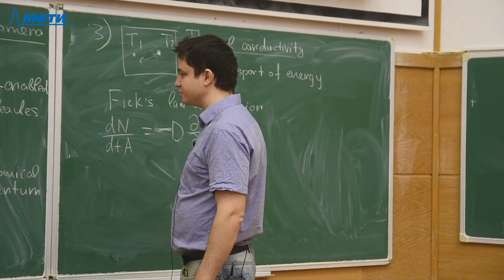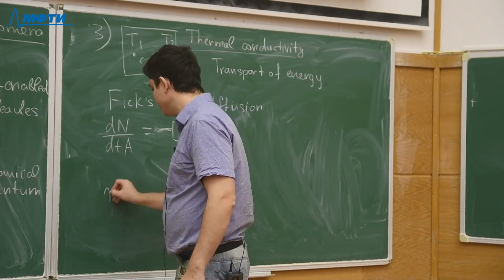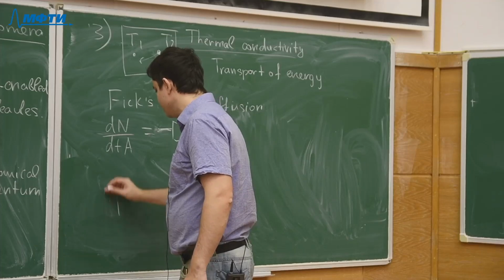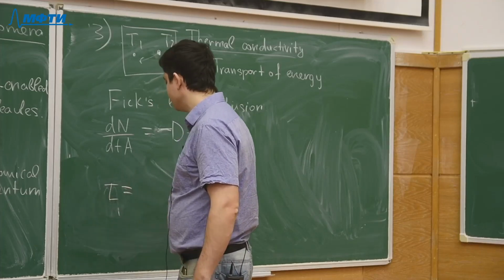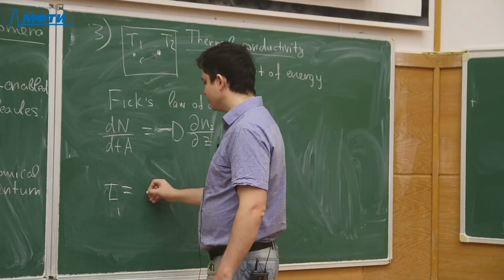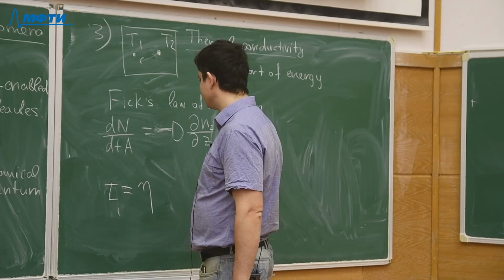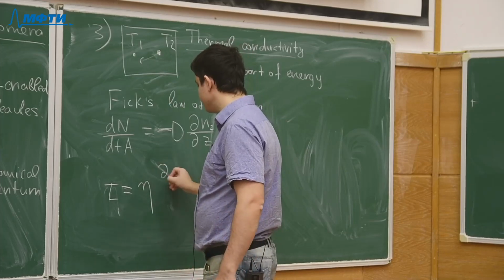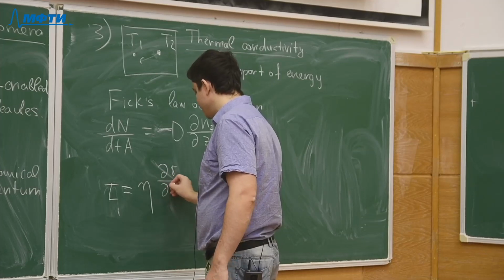Similar happens for the viscosity. Well, for viscosity, we know that shear stress tau is equal to some eta, the viscosity coefficient, multiplied by the derivative of the velocity, again over z.